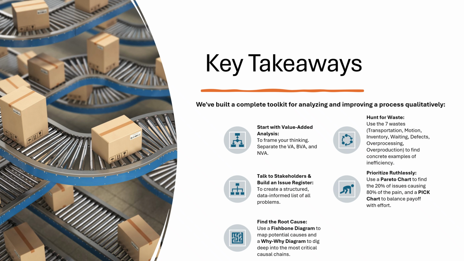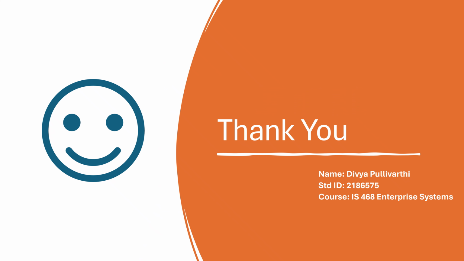Our toolkit focuses on value added analysis, 7 wastes, Pareto and PICK charts, and finding the core truth with fishbone and Why-Why analysis. Mastering these techniques transforms process improvement from guesswork into a systematic, result-driven discipline.